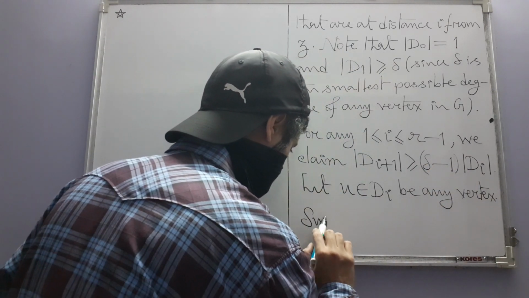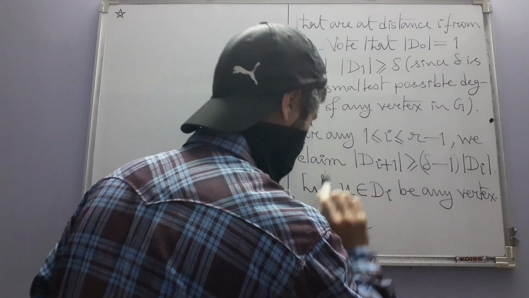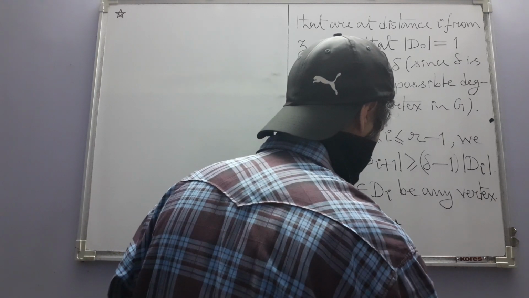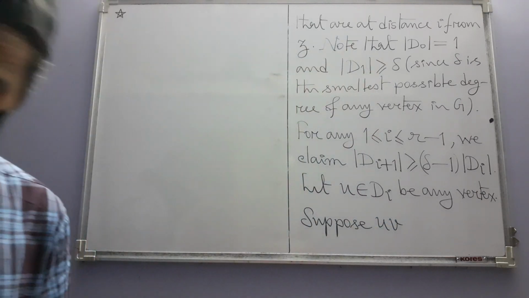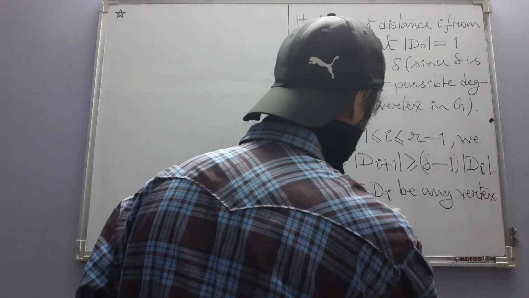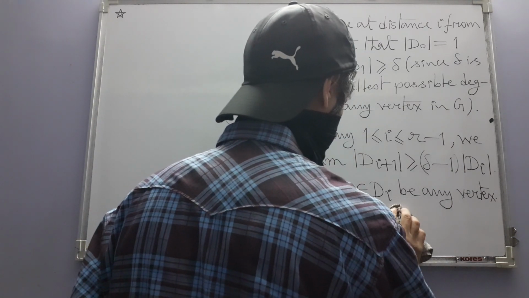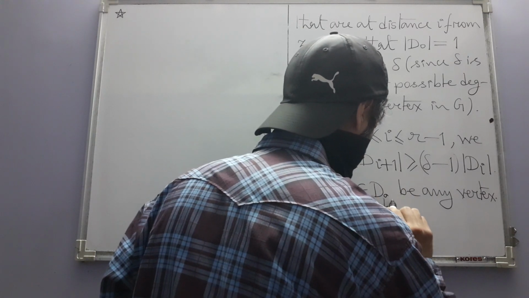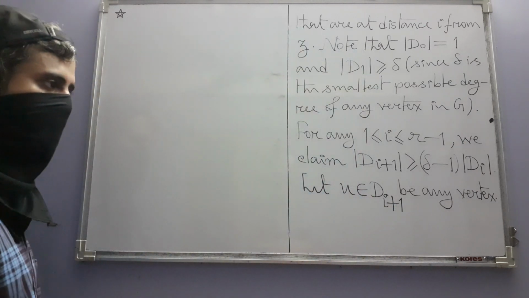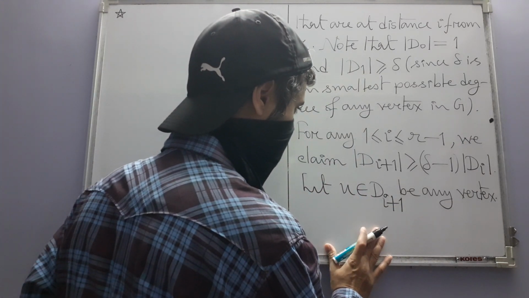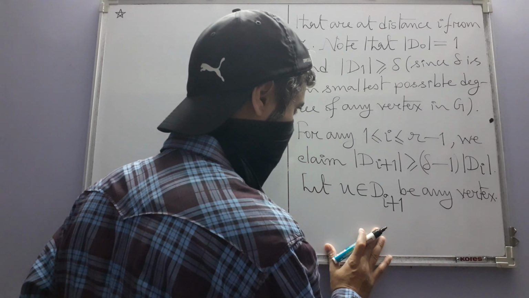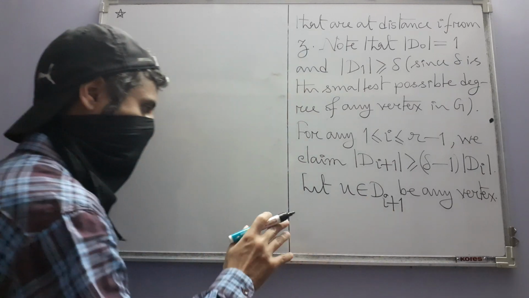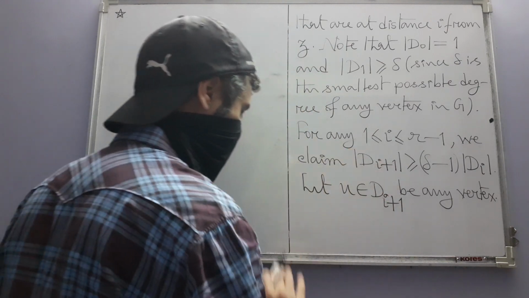Suppose uv. Oh, okay. Yeah, I think I have already made a mistake. u has been chosen in Di plus 1, not Di. I think I messed up. Okay, let me just see. Let me write this thing from here and then I will come back to this.